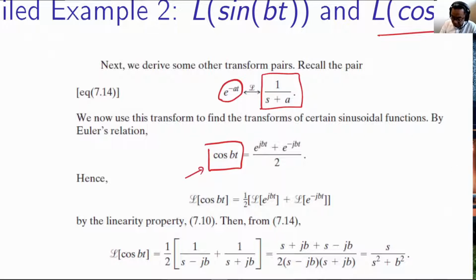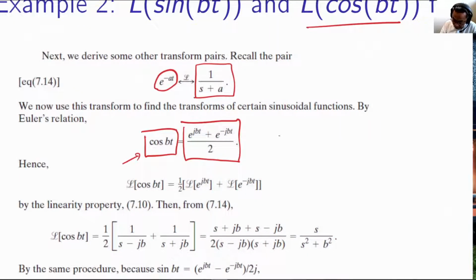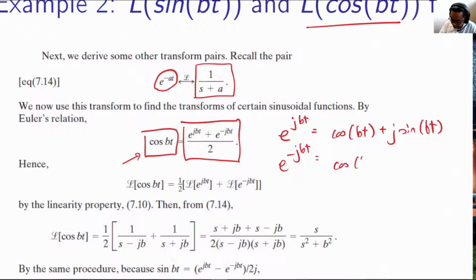The cosine bt can be represented in this form by remembering Euler's formula. Remember, e^(jbt) is equal to cosine bt plus j sine bt. e^(-jbt) is equal to cosine bt minus j sine bt.